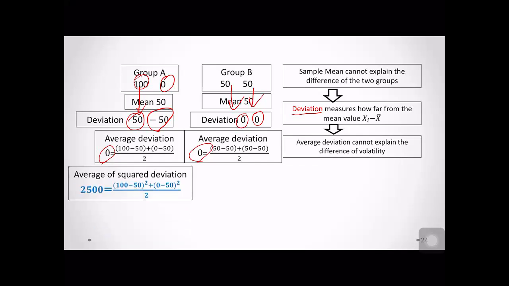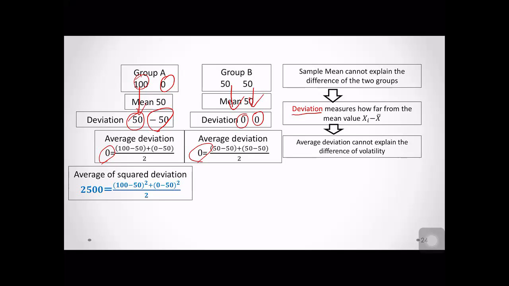So this means that it's not appropriate to calculate the average deviation directly. Instead, before calculating the average, we first take the square term. Because if we take the square term, we can get rid of the negative and positive signs, right? So we first calculate the square deviation for each number.